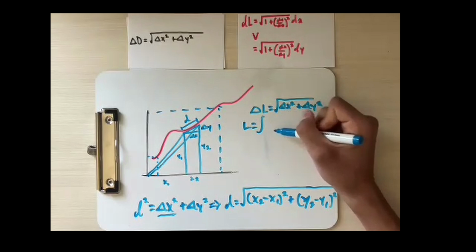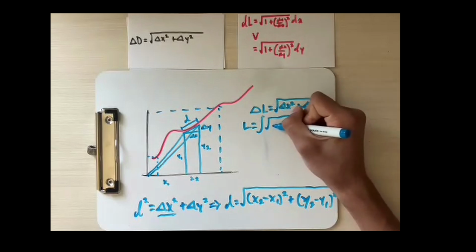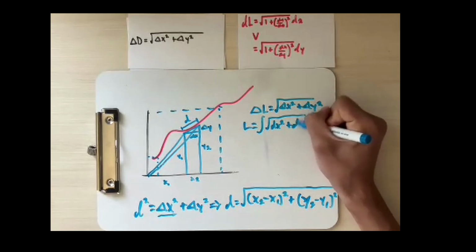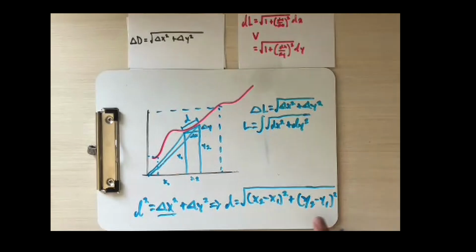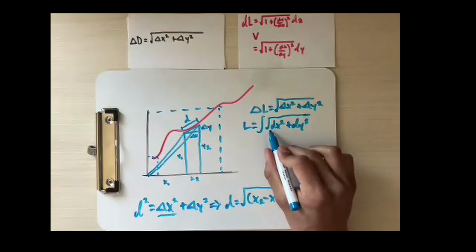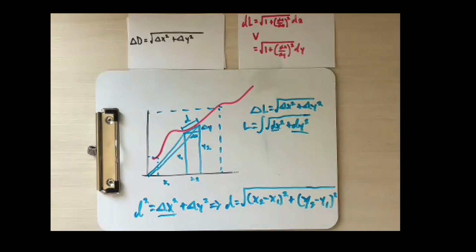And if we integrate that, L equals the integral of the square root of dx squared plus dy squared. And now, this is how we get from here to here. Either we factor out a dx squared, or we factor out a dy squared.